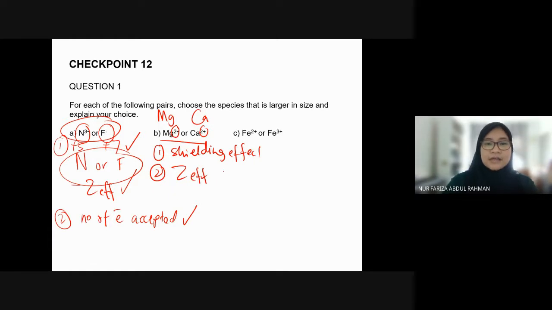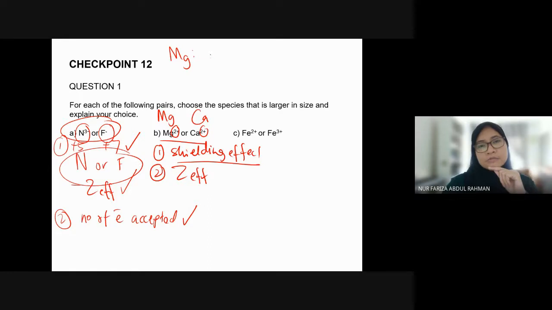Does the Z effective change? It changes, I feel. Shielding effect is already good enough. Okay, shielding effect. But just to calculate, let us try calculating the Z effective for magnesium.